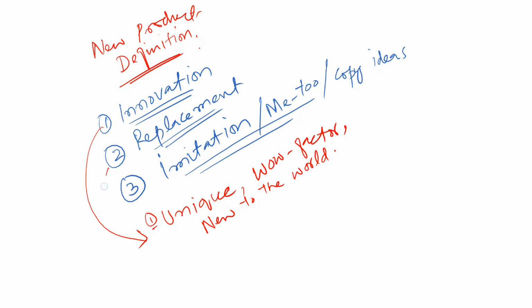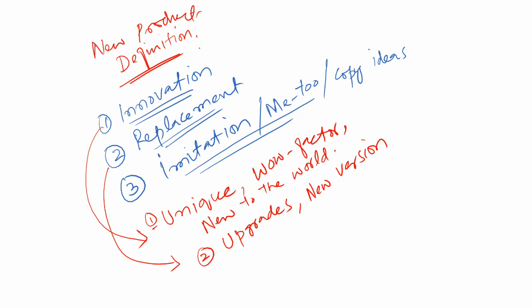Then number two, this one is replacement. Replacements are all those products which are normally in the categories of upgrades. So a replacement is a product that actually is a new version of the old product. So there is an existing product and you have launched a new version, and it replaced the old version, and that becomes a new product.